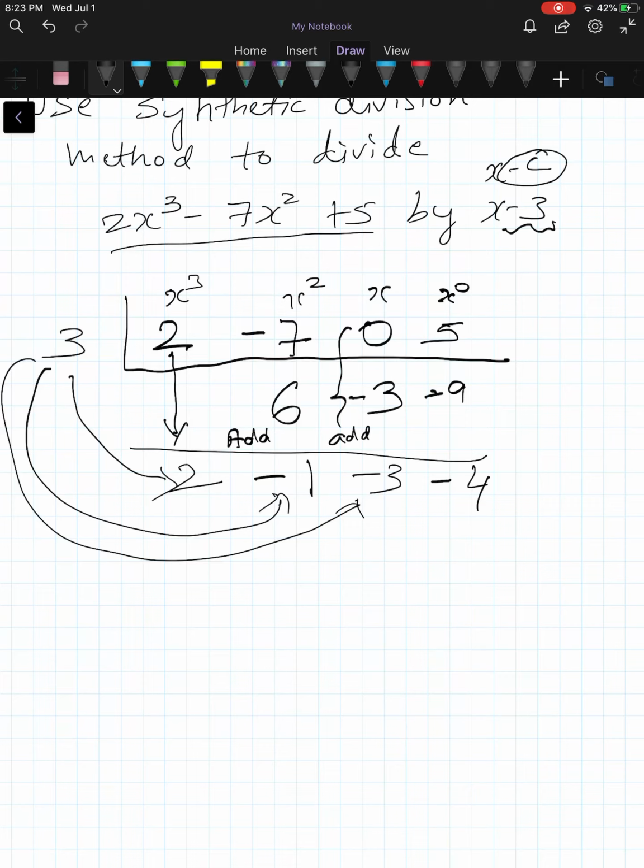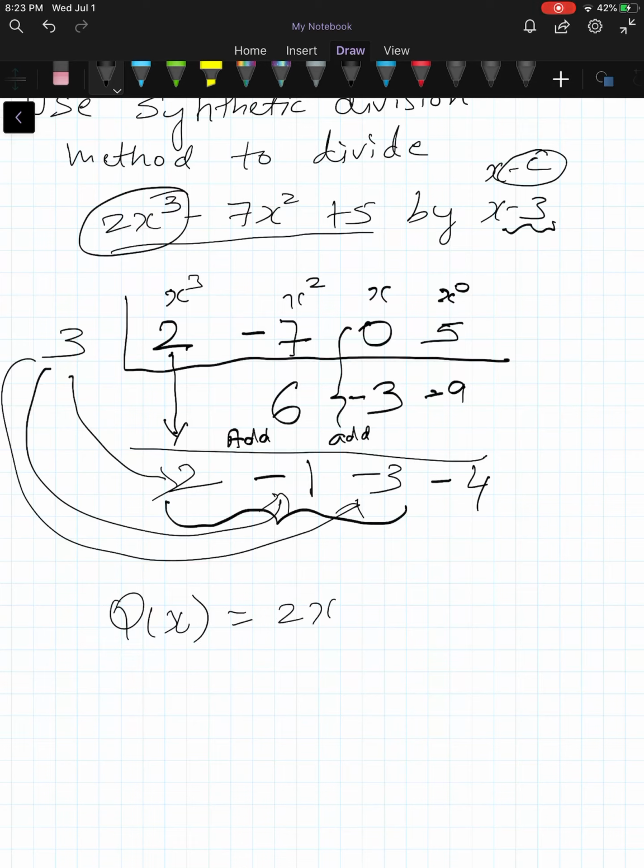Okay, so you use these three terms to express it. The degree is 3 here, so you will start from degree 2.